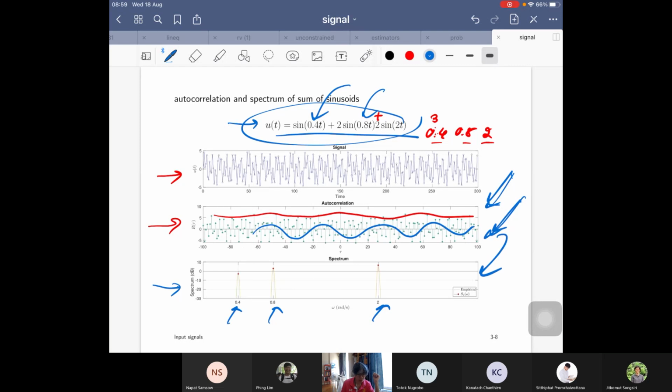For the spectrum, you can either take the Fourier transform and then take the modulus squared, or compute the spectrum directly from existing built-in commands. All right. I would like to break the video first before we keep discussing other input signals.